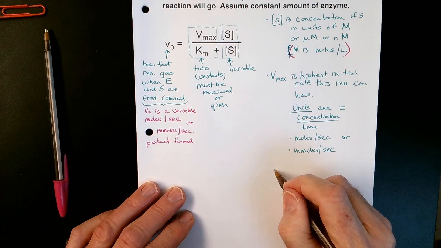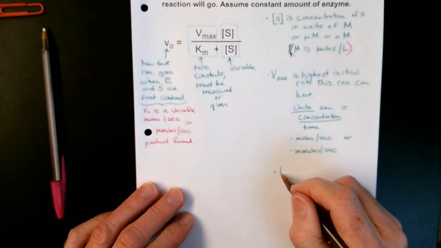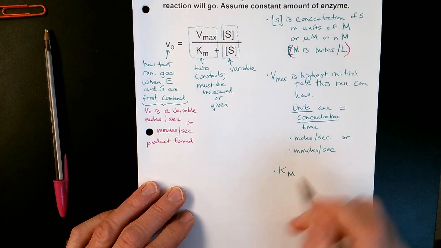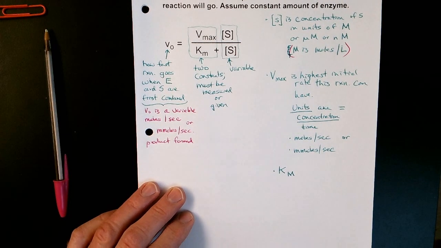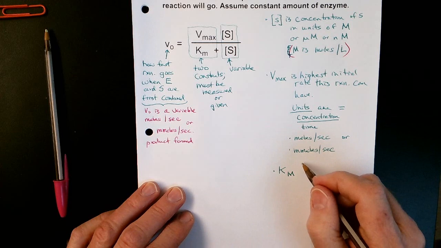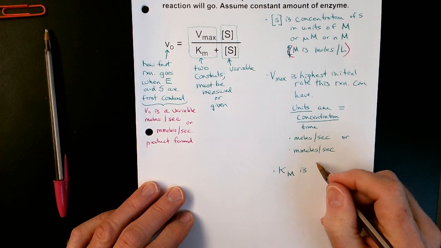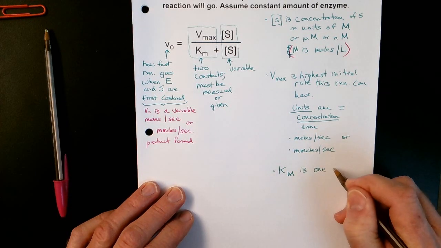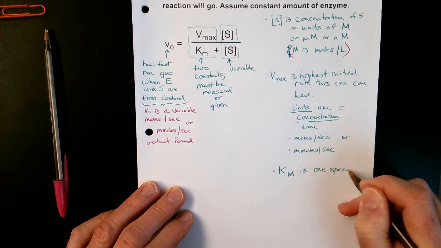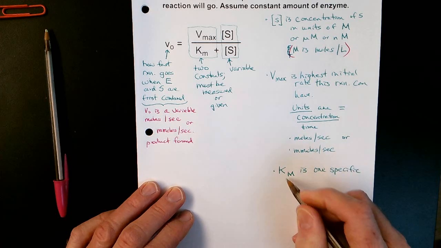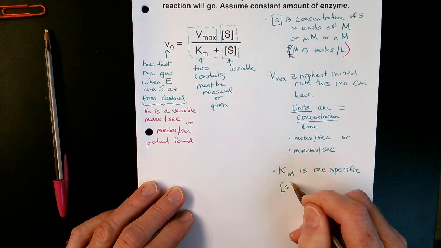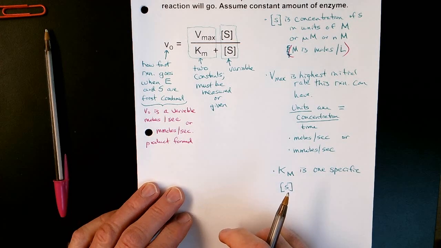And then the last parameter in this equation is Km. That's the so-called Michaelis constant. And it is, I'm going to spell this all out here, one specific substrate concentration.